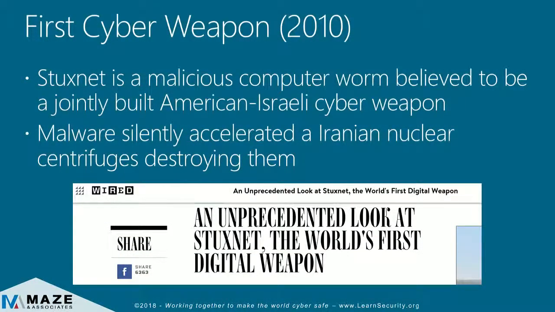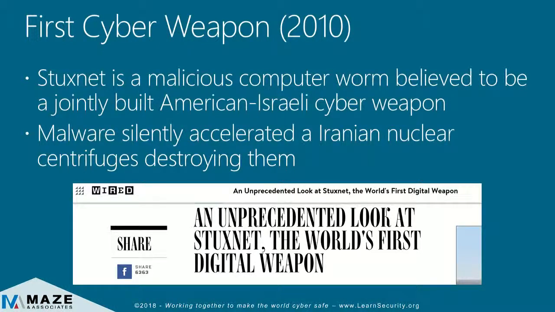2010, Stuxnet is the first cyber weapon that's been released. And this cyber weapon basically was malicious code that broke into systems, and then once it got into the systems, it was targeting very specific operational technology or SCADA elements within Iranian centrifuges to stop them from continuing their uranium enrichment process.